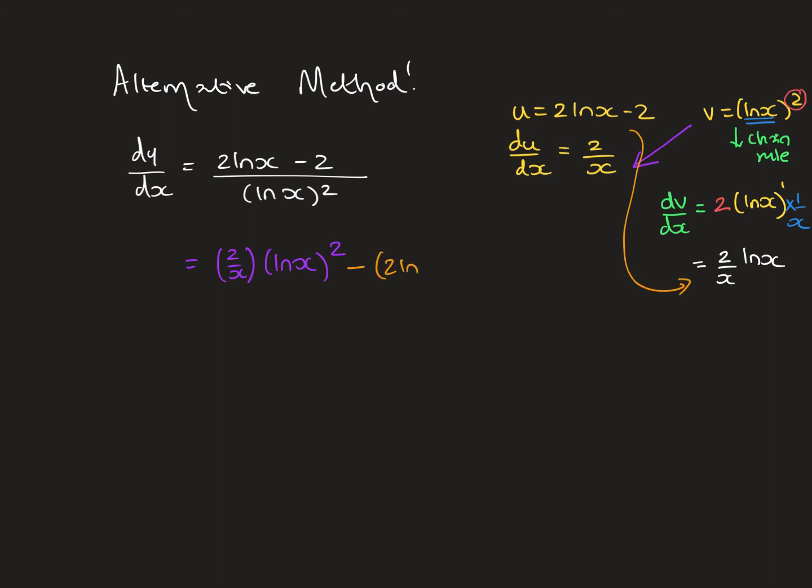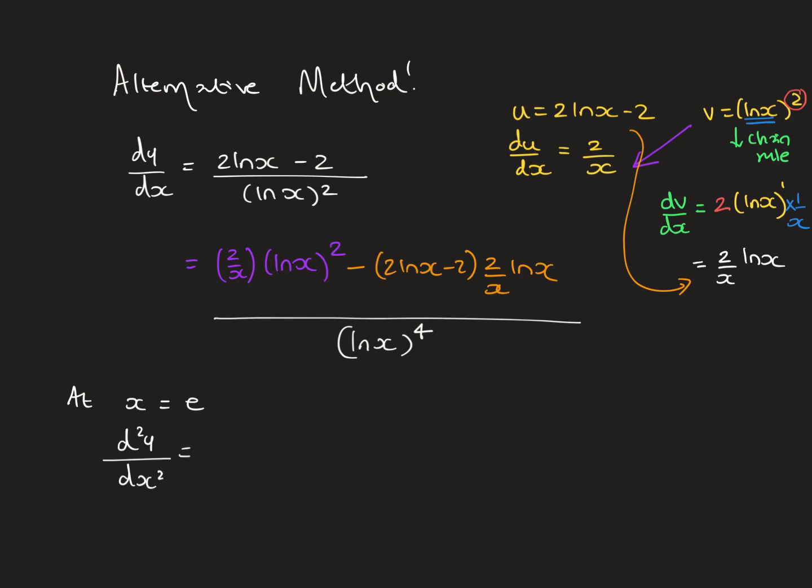So that's 2 ln x minus 2 multiplied by 2 over x ln x, and then the whole thing is over v squared. So that's all over ln of x to the power of 4. And we then need to evaluate this at x equals e.